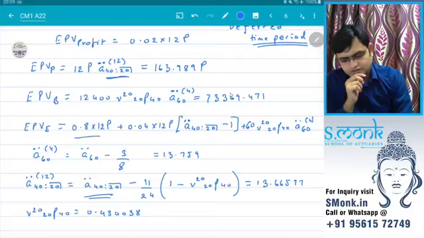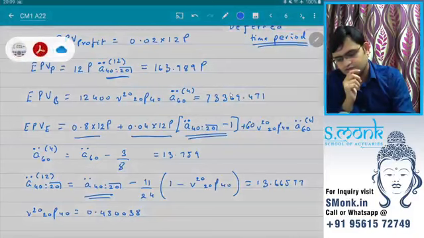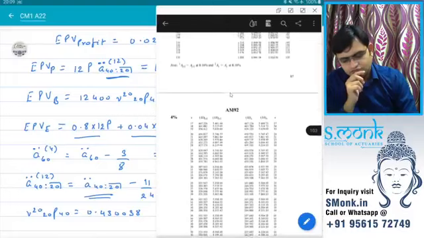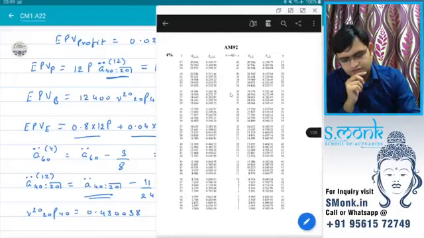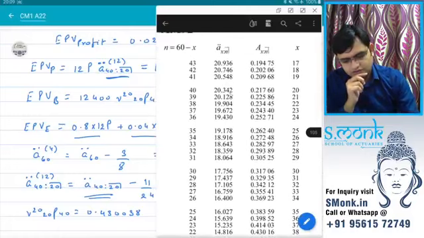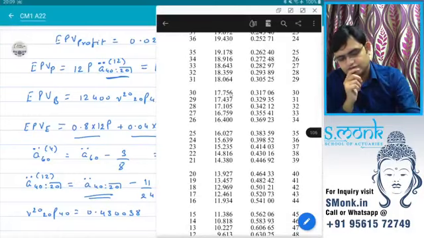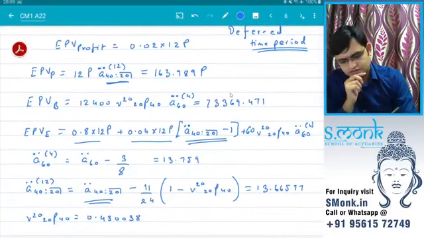Then both the p parts together. See, a due 40:20 we can directly look up in the table. A due age 40 and 20 is 13.927.